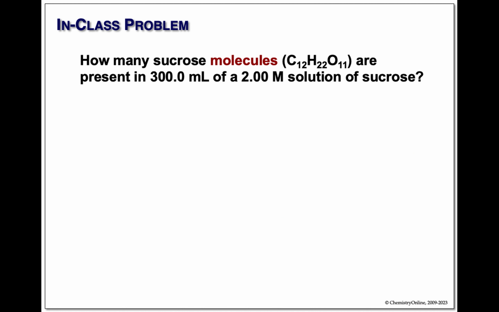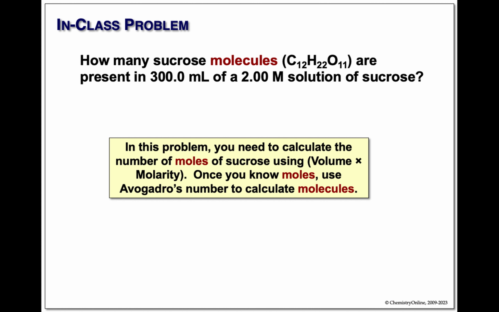Avogadro told us 6.02 times 10 to the 23rd things per mole, right? So, we need to figure out the number of moles. How do we do that? Concentration times volume. Once we know the number of moles, we use Avogadro's number to get molecules.